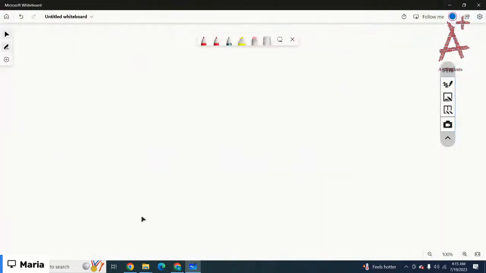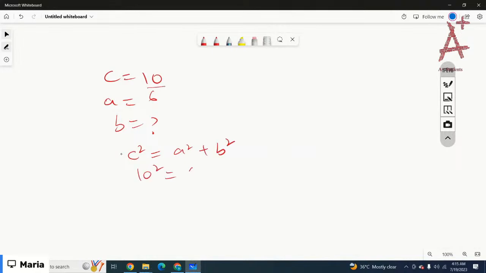You are given c equals 10. C is the hypotenuse. One of the legs, either a or b, is 6. You have to find the other one. So we know that the Pythagorean theorem is c square equals a square plus b square. Just put in the values. C is 10. It would be 10 square equals 6 square plus b square. So 100 equals 36 plus b square.